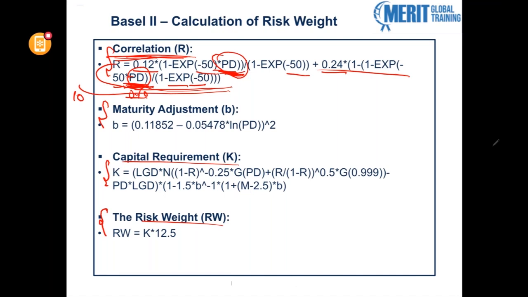If you get a PD of 100%, what does that mean? That means the exposure is in default. Okay, which means that there is no need for the bank to set aside any amount of money against that exposure because the customer is already in default. So all we need to look at now is to do recovery or to make sure that the bank gets their money back. And when PD is zero, which is very rare, the closer the PD value is to zero, the lower the probability of default of the customer.